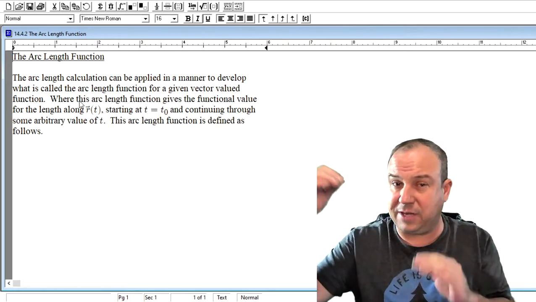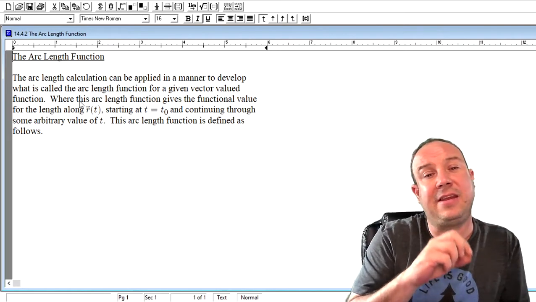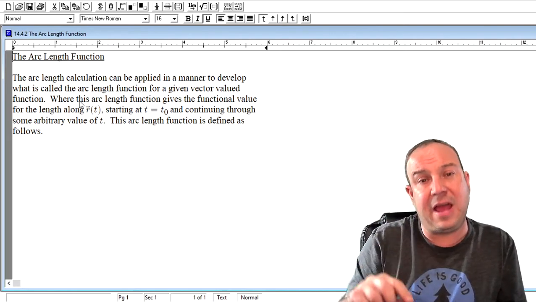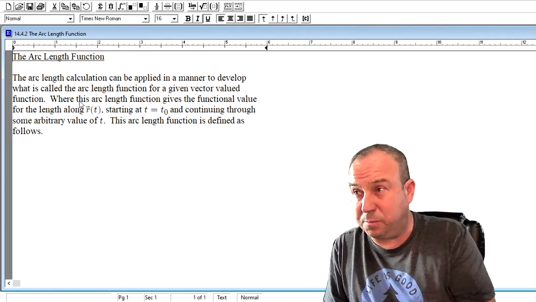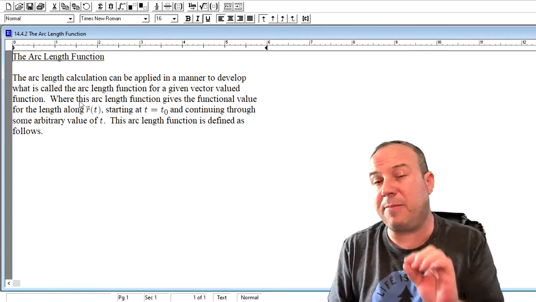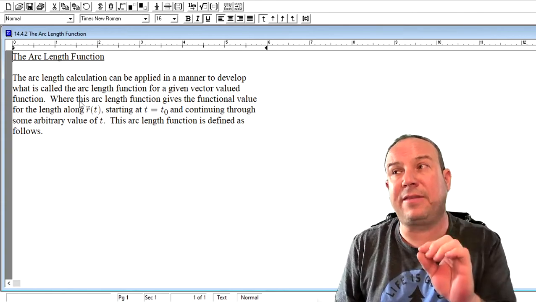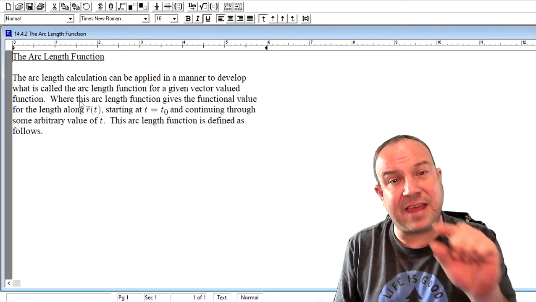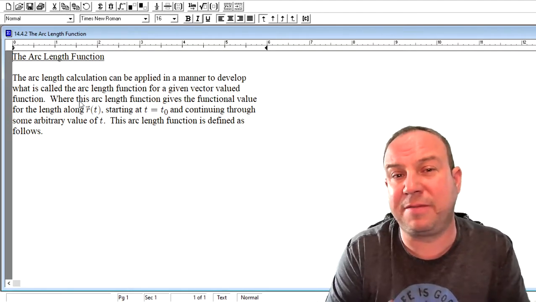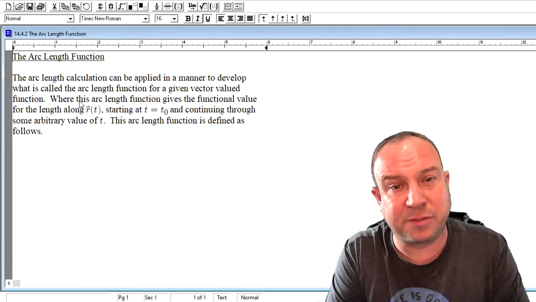Not a classic straight line, but a curve moving through that space. And that integration over that curve doesn't happen with respect to the dimensions of the space, but has to happen with respect to the length parameterization of that space. And that's where s is going to come in. It's going to help us define that parameter of length in n-dimensional space.